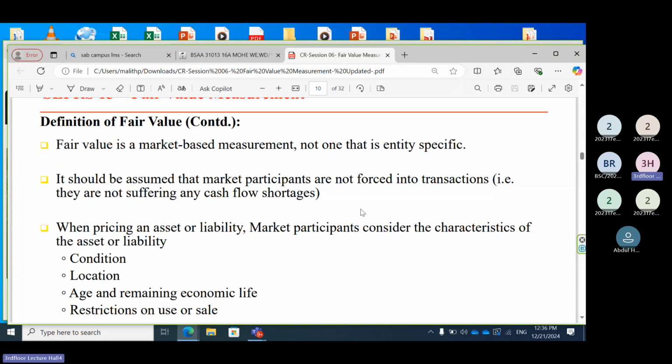It clearly says that it should be assumed that market participants are not forced into the transaction. There can't be any pressure to do the transaction. Say one is a surgery, and for the surgery you need money.